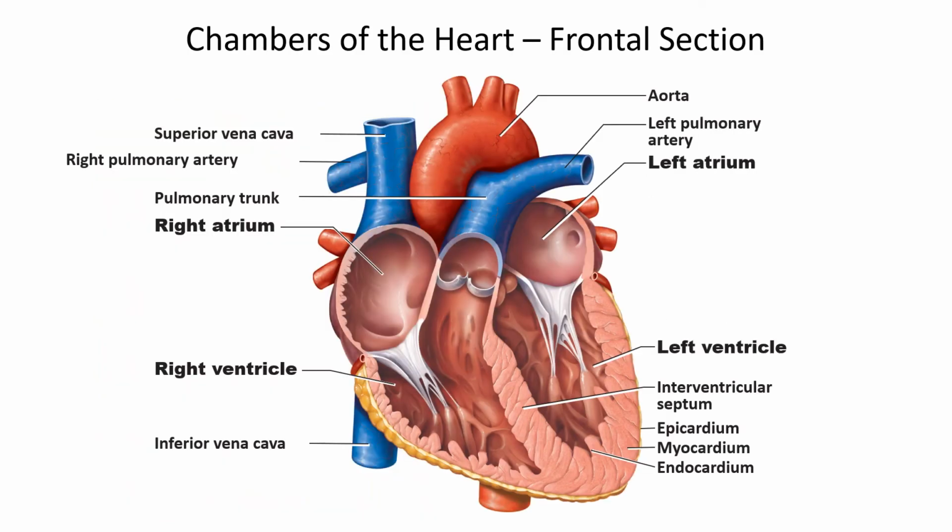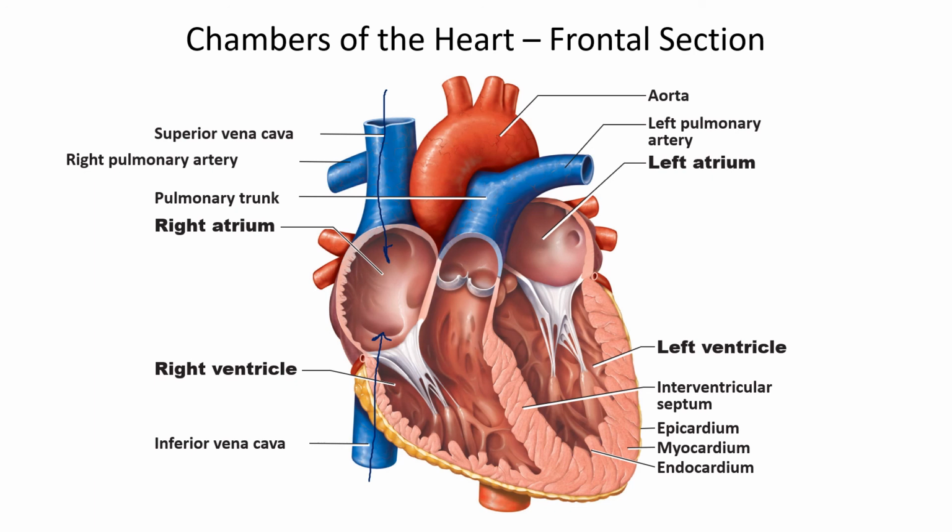Let's quickly review the flow of blood through the heart. So we're going to have deoxygenated blood traveling from the lower extremities of the body up through the inferior vena cava and into the right atrium. We're going to have blood coming from the upper body through the superior vena cava into the right atrium.